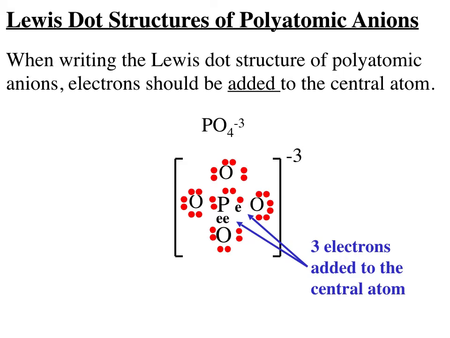That's a total of 8 for that. Then there are 4 O's with 6 each. That's 24. So there should be 32 total dots represented in PO4 minus 3. If you count the dots that you see in the picture, you will find it comes to 34.